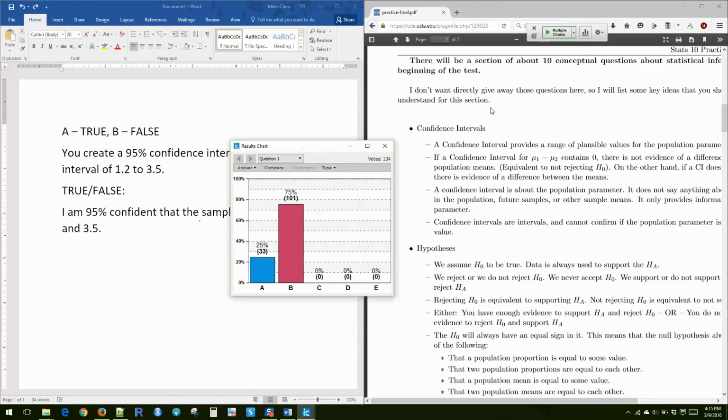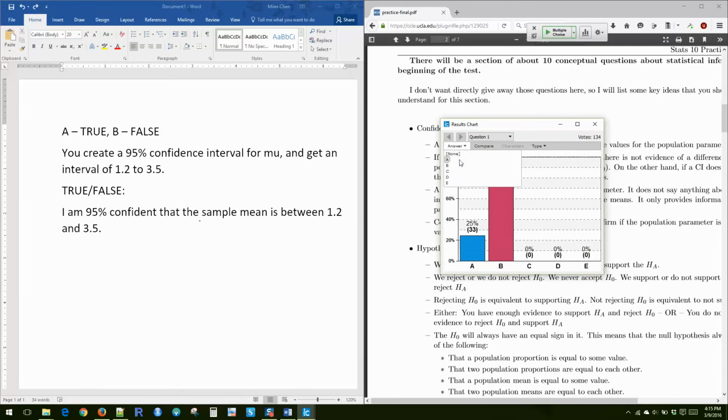Okay, the answer here is false. If we wanted to make it true, we have to say I am 95% confident that the population mean is between 1.2 and 3.5. That would make it a true statement, okay?